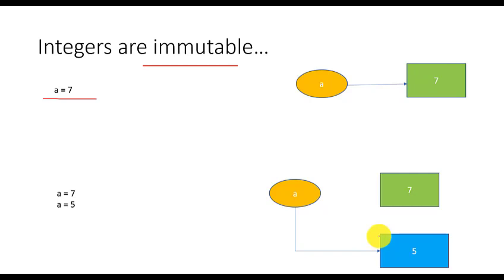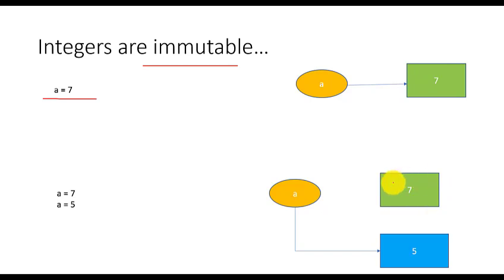And there is one other important point here as well. When we said a is equal to 5, what happened to the memory block containing value 7? Actually, it got freed. Since this particular memory block was not being referenced by any variable, it got freed.